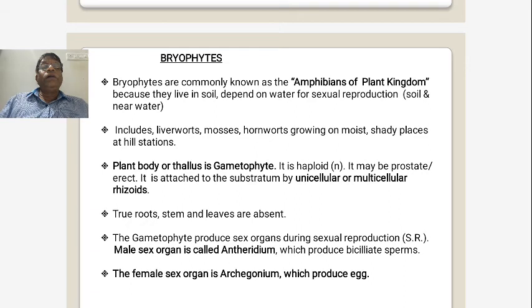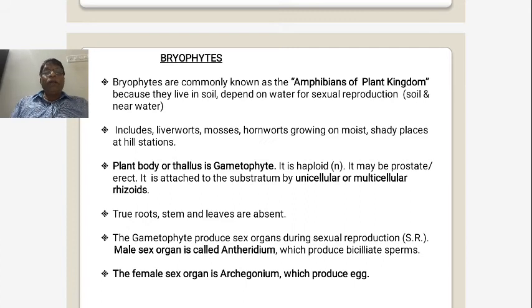Okay, now we shall see some of the characteristic features of bryophytes. They are as follows.